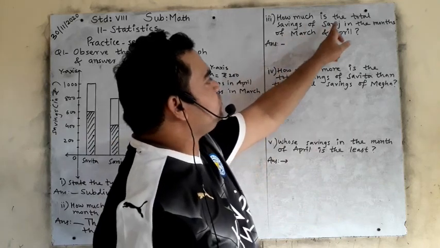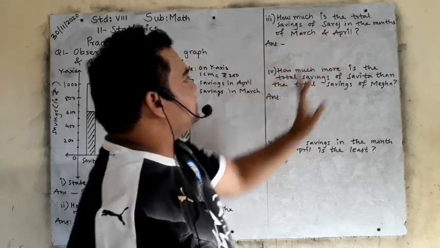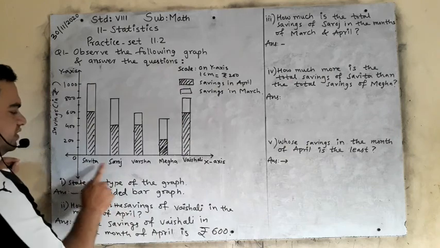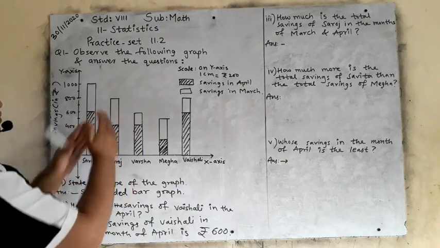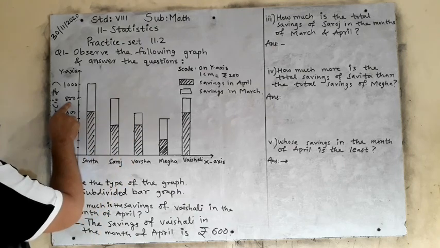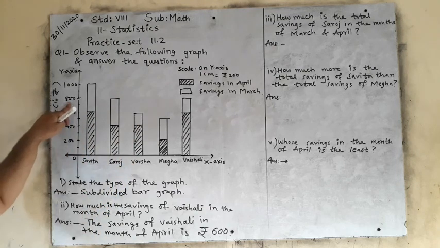Now see here, how much are the total savings, both March and April, of Saroj in the months of March and April? Saroj, where is Saroj? Savita, Saroj. Total means April and March also. So how much is the total? See, it is rupees 800.